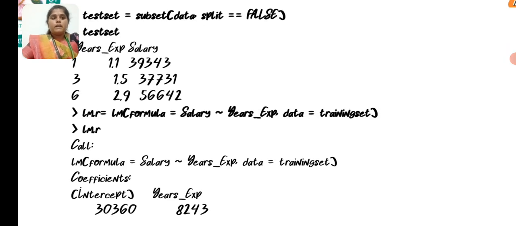But in the case of multiple linear regression, it is not. The mpg is always dependent on disp, hp, and wt.